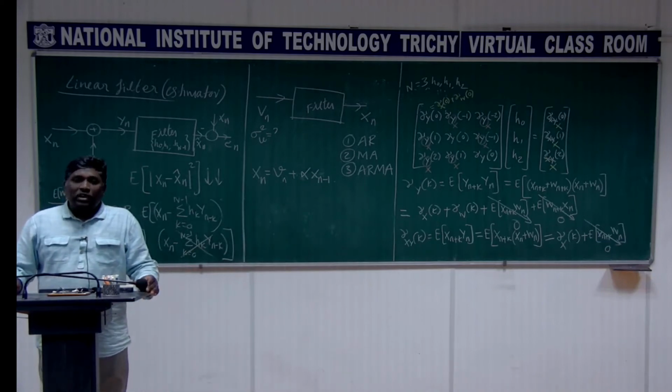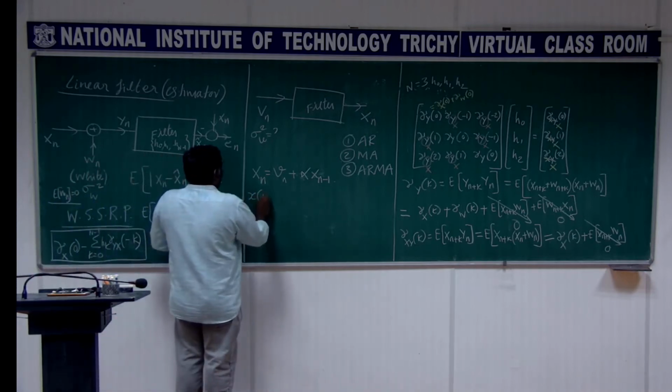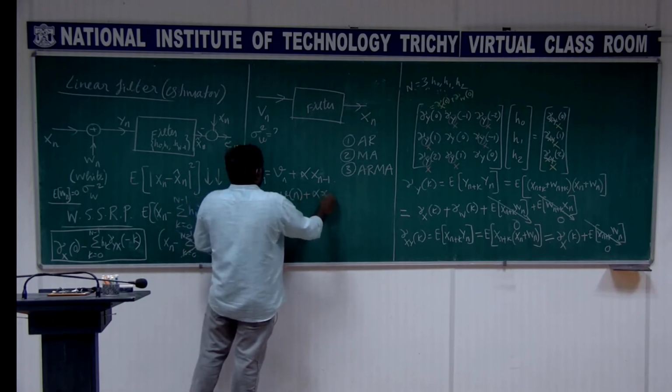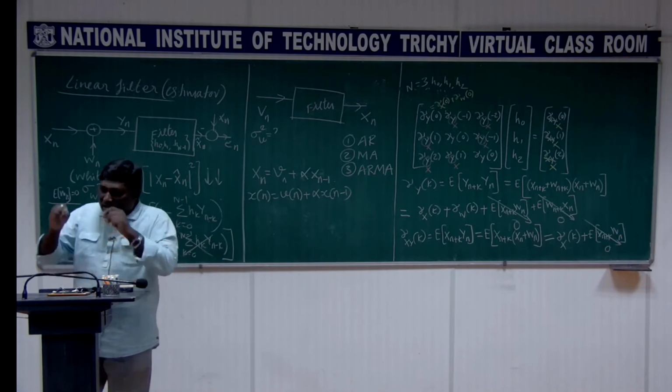I already told that you cannot actually take the Z transform or Fourier transform for the random process, but for the typical input and output, right? If I am replacing this one with x of n, there is a difference between this and that. If I write like this, it is different. Here what I am talking about is a typical input.